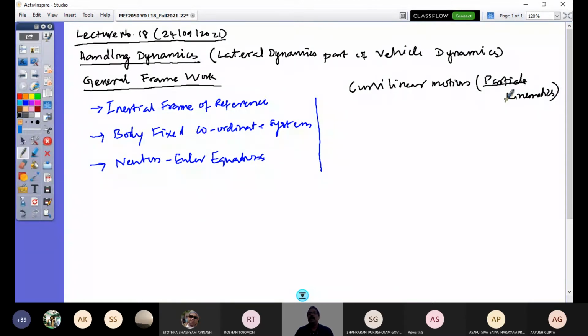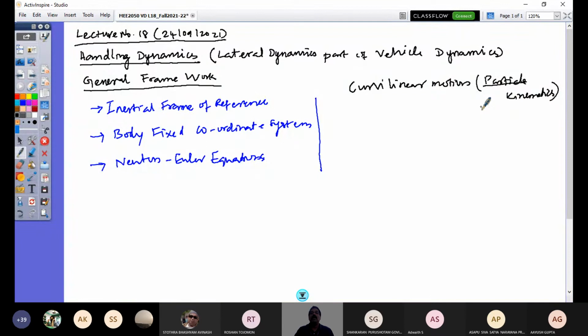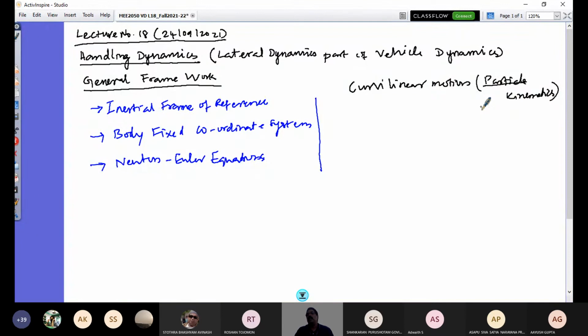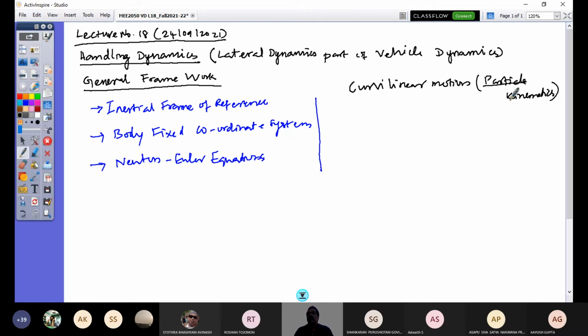Particle means it is a rigid body only, but you do not look at the physical geometry of the rigid body. You only account for its weight, and other forces are not considered, as it is kinematics. Your vehicle's physical geometry is neglected, and you look at its motion geometry alone, which is what is called kinematics, and that part is called particle kinematics.